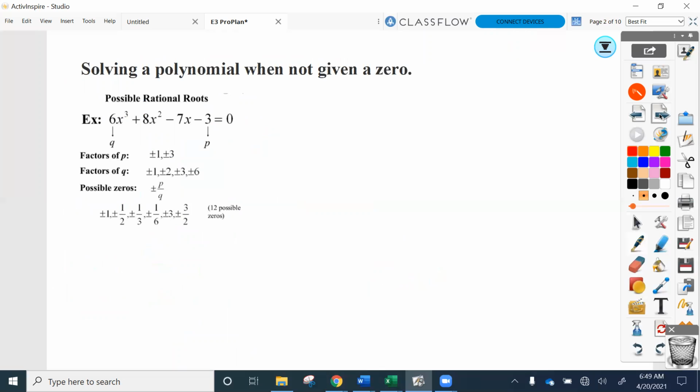So when you're solving a polynomial and you're not given a zero, there's a way that you can figure out possible zeros.